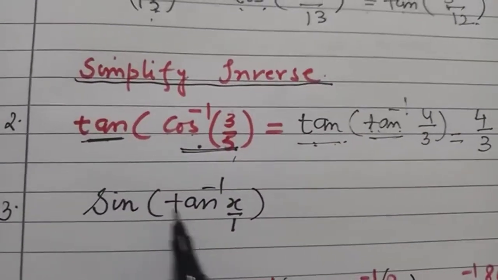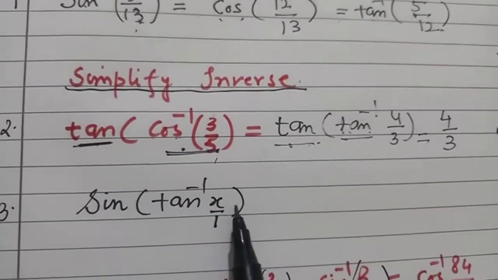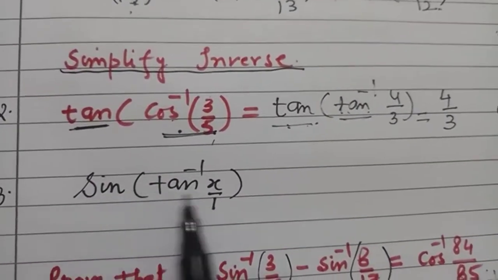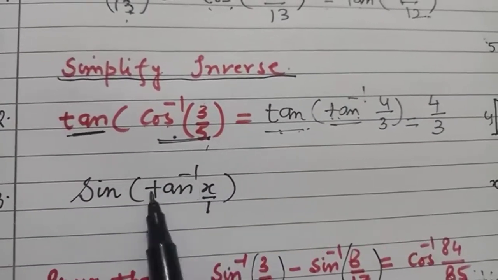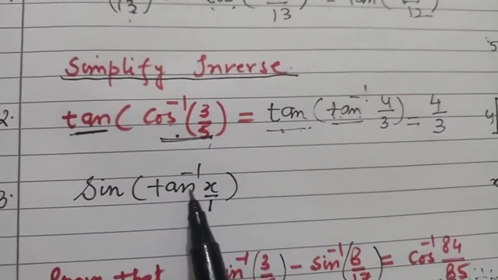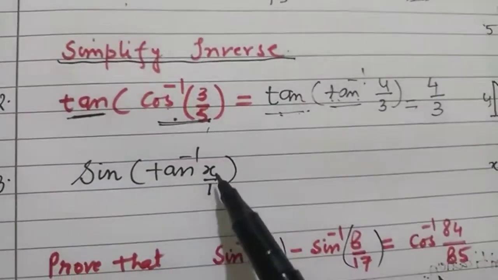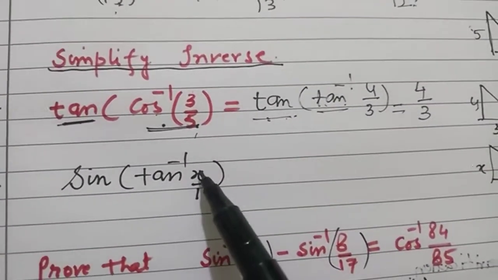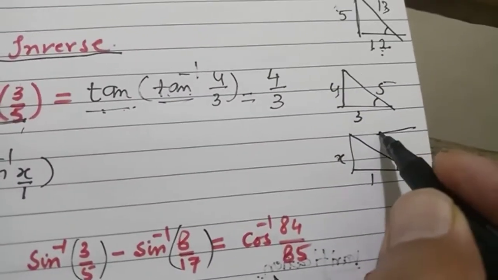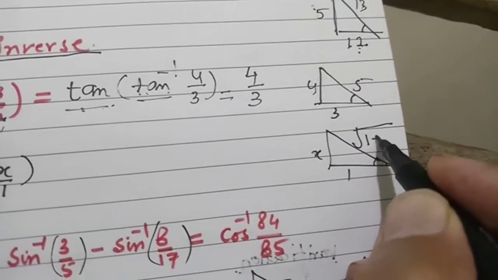Look at this. Sin within brackets tan inverse x. We cannot change this sin, but tan inverse can be easily converted into sin inverse. So for converting tan inverse, what is tan? x over 1, so it's perpendicular upon base. What is the hypotenuse here? It is under root 1 plus x square.